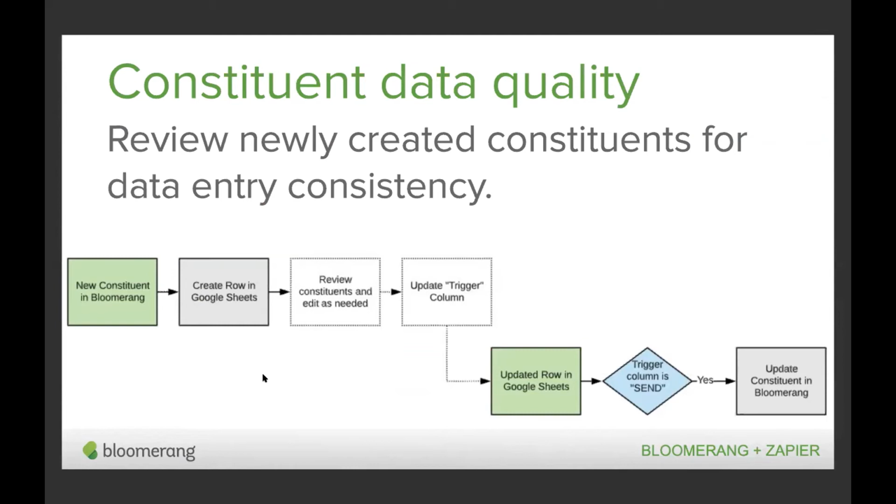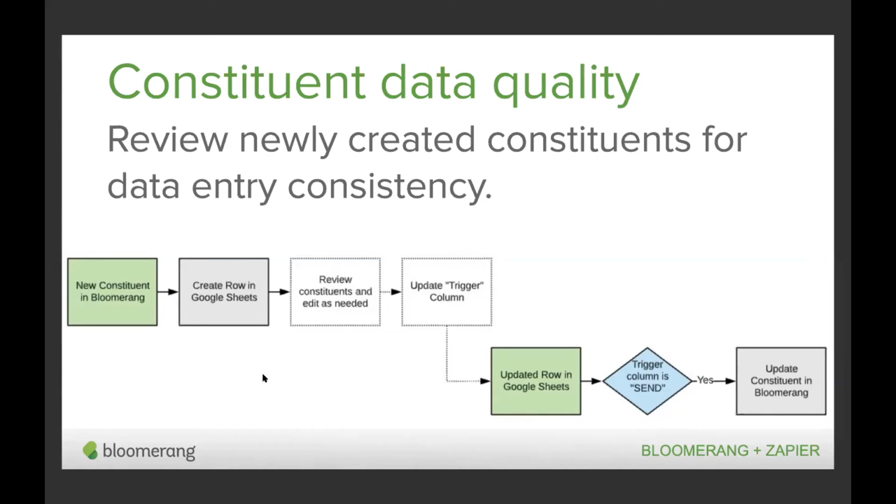So in this next use case, we're going to create a Google Sheet of newly created constituent accounts. And from this list, we can review and make edits in batch to a large number of accounts quickly to ensure all accounts are coded correctly in Bloomerang. This is especially important to ensure data used for salutations and recognition follows your organization's preferred data entry rules.